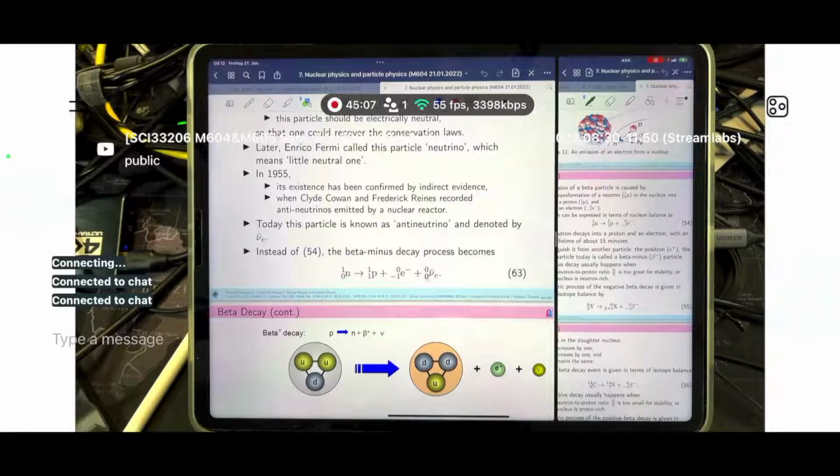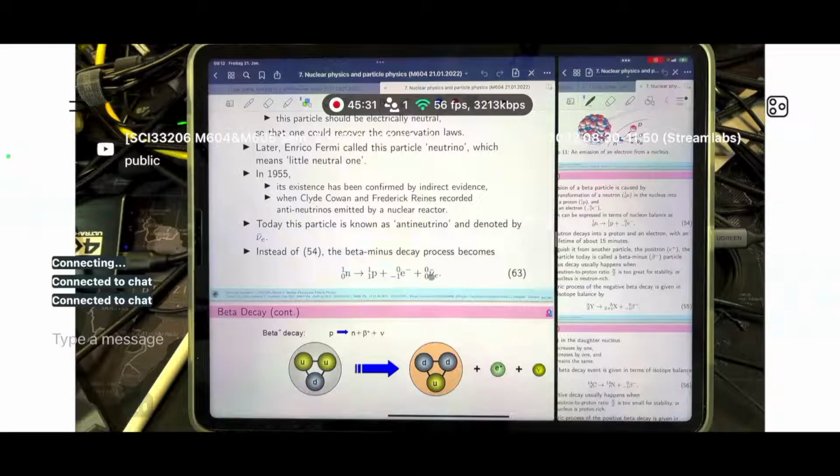If we could measure the circle of its propagation, we could find the radius, and we could find the velocity of this particle. But its mass is very, very small. Even today, we cannot find the exact mass of this electron antineutrino. So it's very hard to detect.